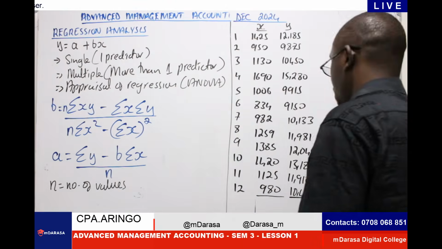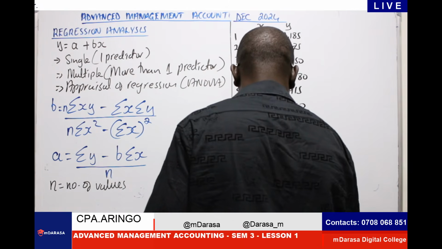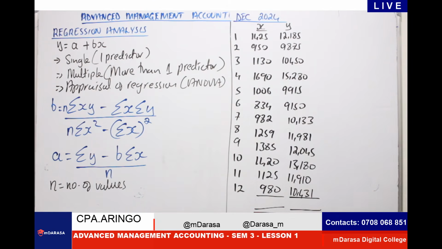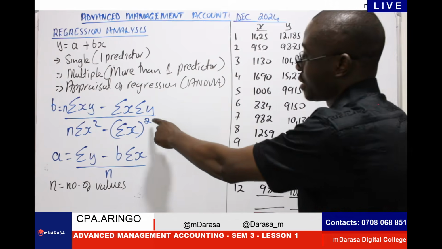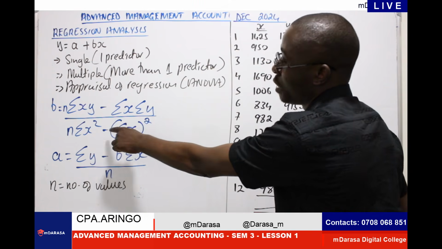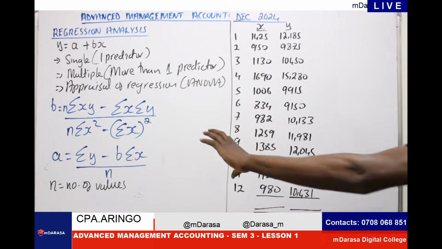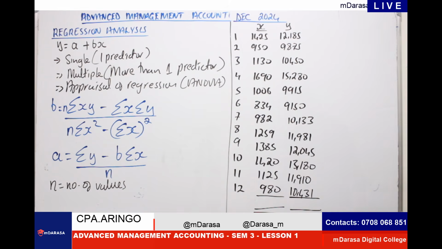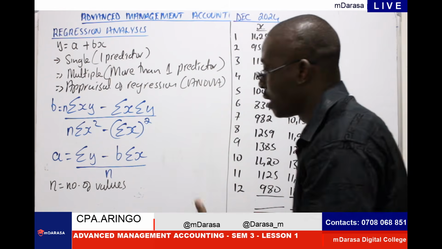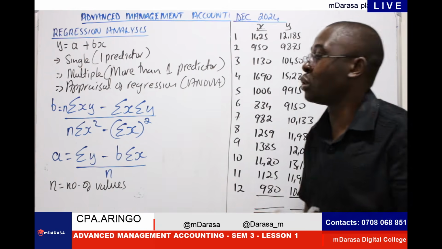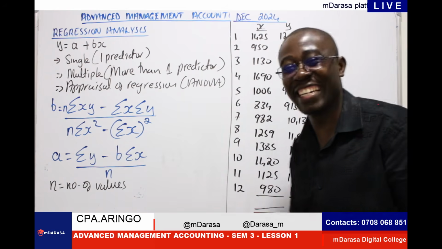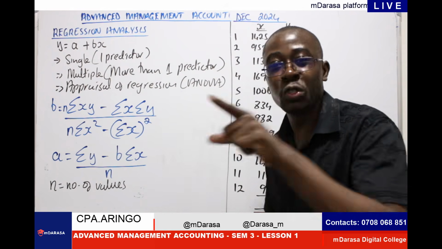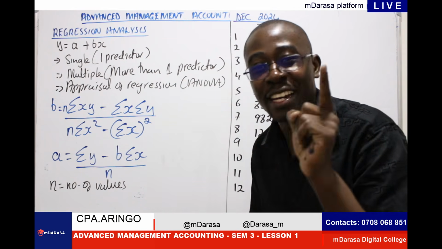Showing this is to prove to the examiner that you're not using microscopic eyes. The secret to earning full marks is to first establish the formula and put it down so the examiner knows you know what you're doing, indicating the value of B and the value of A. You've attended Mwalimu Zaringo's class.